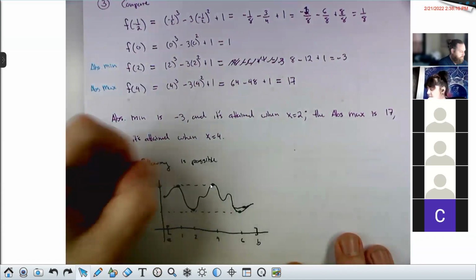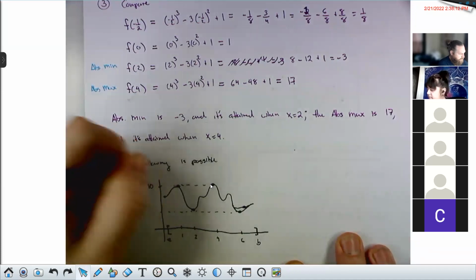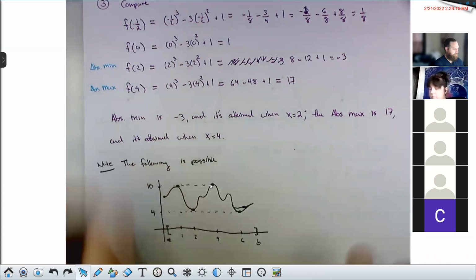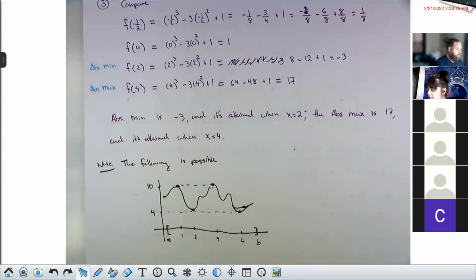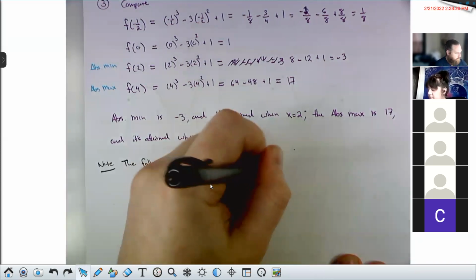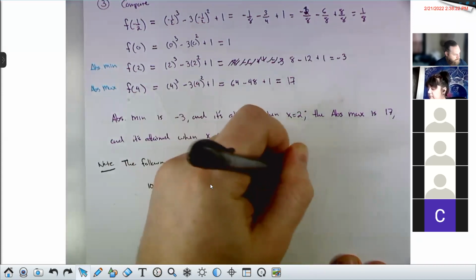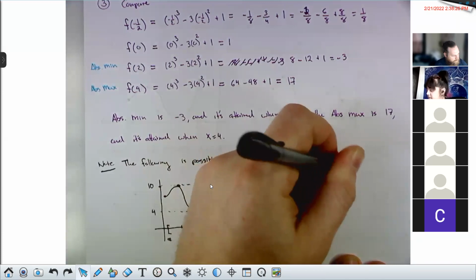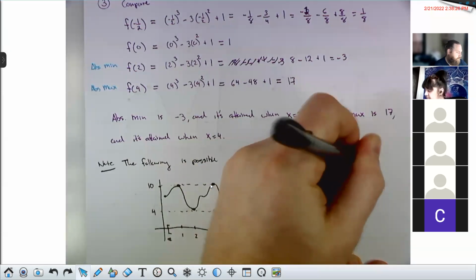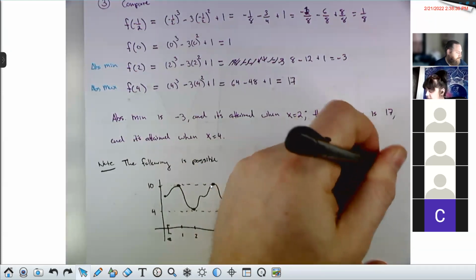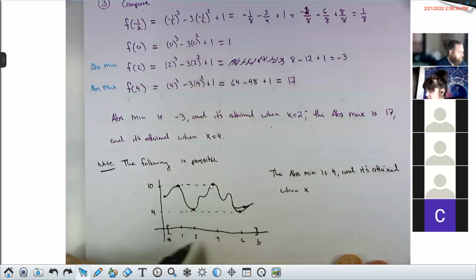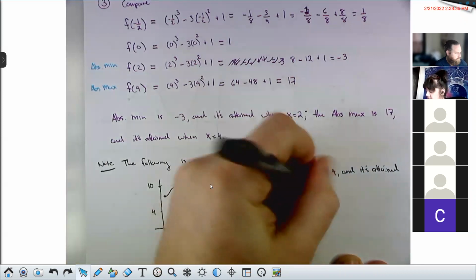Let's call it 10. And your absolute min down here, 4. So here, the absolute min is 4, and it's attained when x is equal to both 2 and 6.